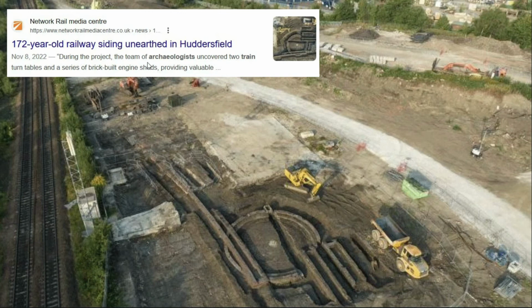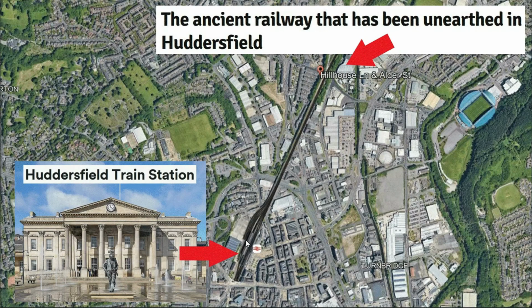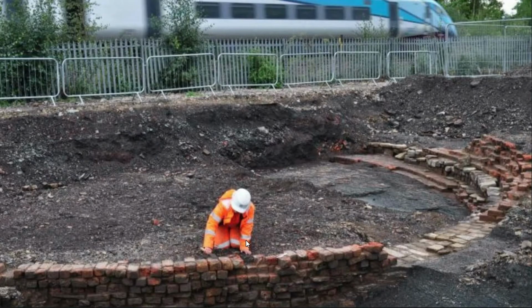During the project, the team of archaeologists uncovered 2 train turntables in a series of brick-built engine sheds. And again, they're putting it to the 1850s or so, but I'm thinking the age is older than what we're being told, and I think they give a date for the construction of this train station to the 1850s approximately, somewhere in there. But here's just the remnants of some of these sheds and railway turntables.